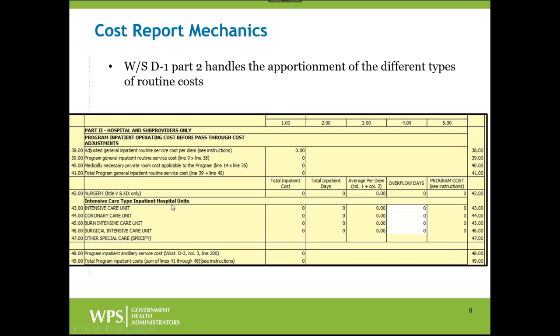So there are no carve-outs for these intensive care type units. All of the carve-outs we've been talking about are only to arrive at this total program general inpatient routine cost. Again, the keyword there being general as opposed to intensive care.